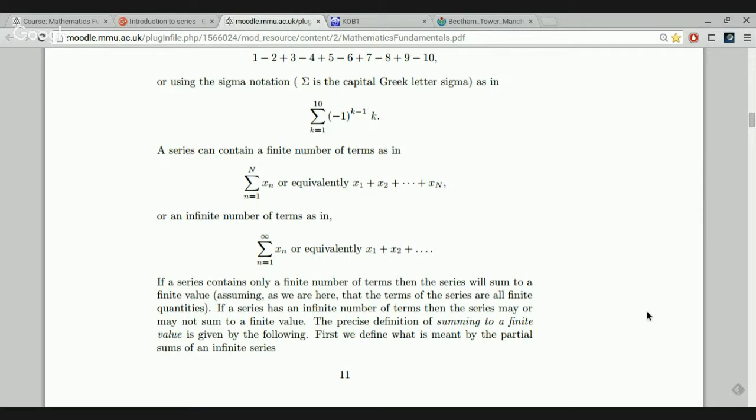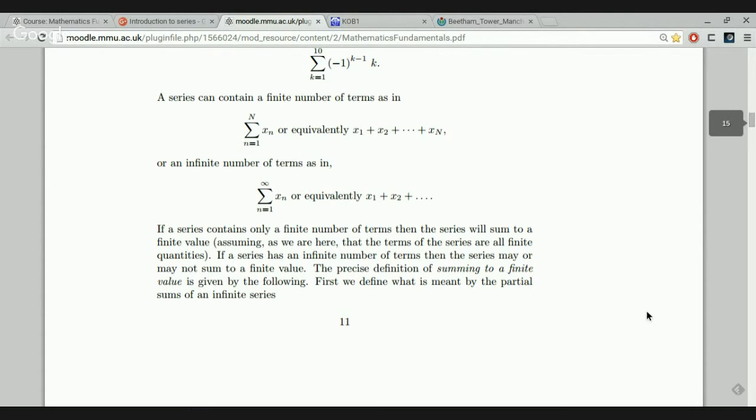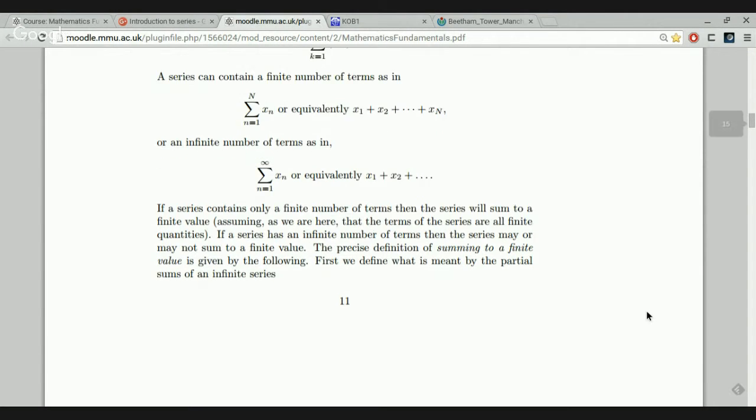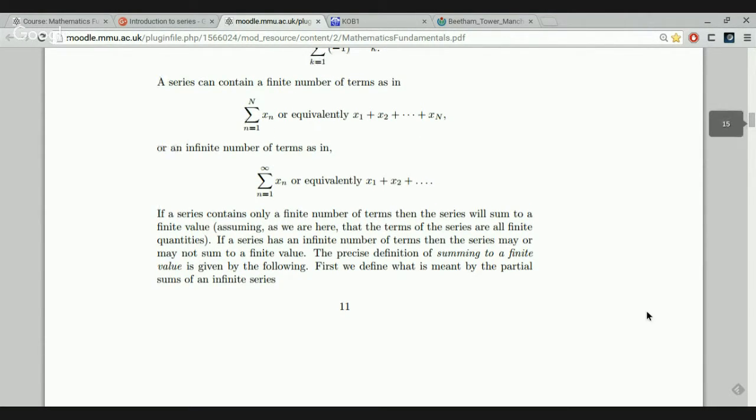Well, we can do that in mathematics, and we do it using the ideas of convergence for sequences that we've already introduced. Sometimes we're going to say that an infinite series, an infinite sum, can have a finite value.